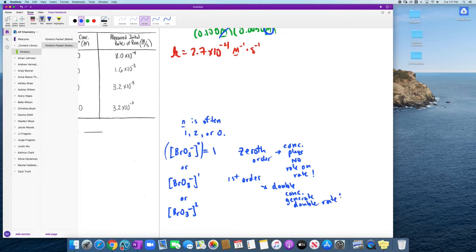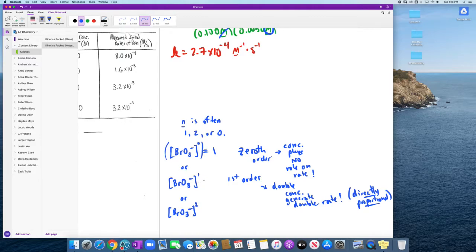Call that directly proportional. If you triple the concentration, you would triple the rate. If you cut the concentration in half, it would cut the rate in half. Directly proportional. So whatever happens to this concentration in terms of multiplication or division, the exact same thing would happen to the rate.